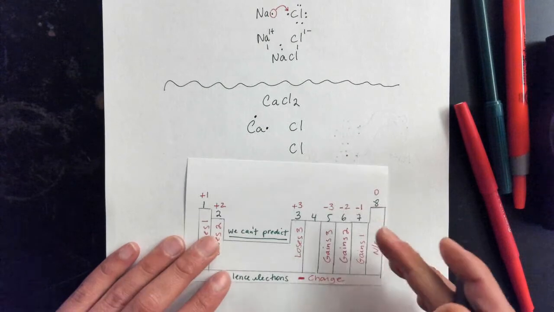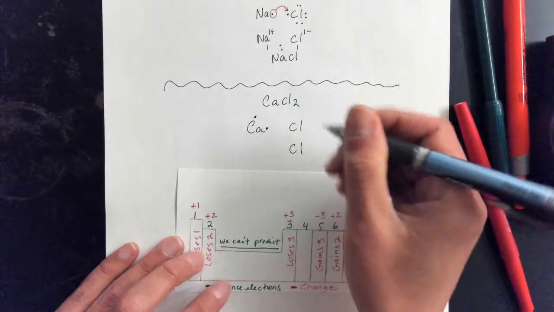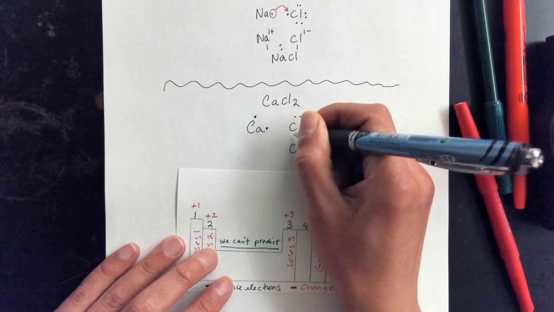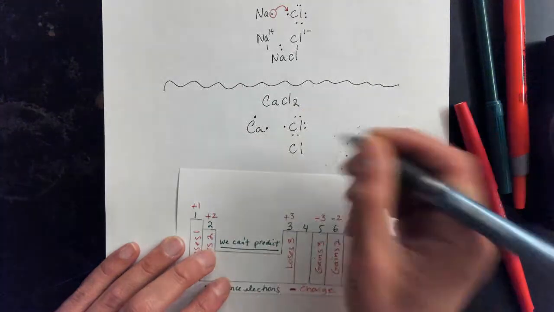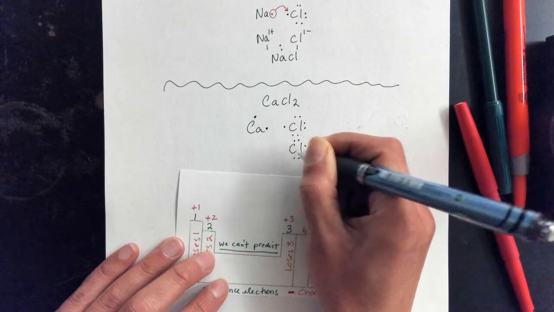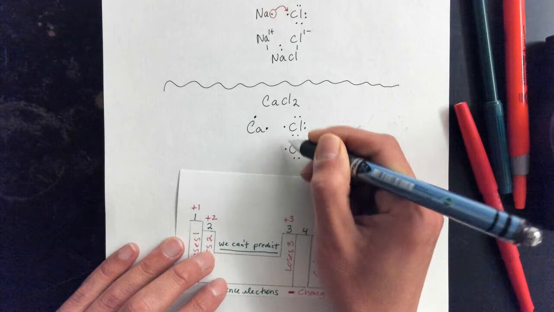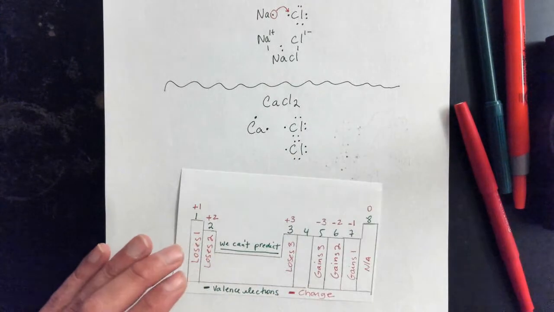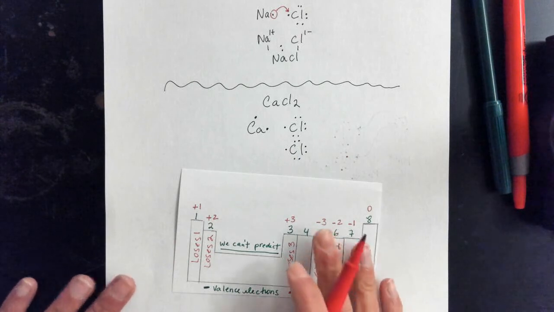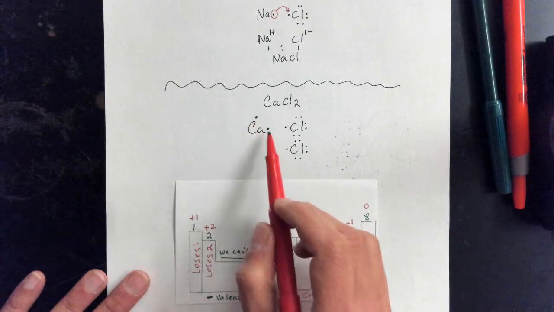And if I look at chlorine, we talked about that before, it has 7. So 1, 2, 3, 4, 5, 6, 7. Okay. 1, 2, 3, 4, 5, 6, 7. And the location I'm putting the single ones, I'm just doing for convenience sake. So here's what's going to happen. We know that calcium is going to lose those 2 electrons.